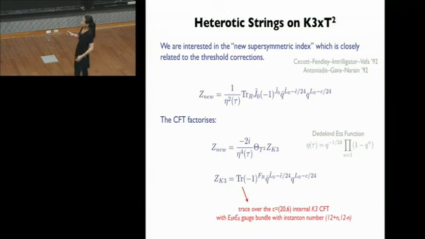Okay, and this factorizes because we have T2 times K3. It doesn't completely factorize. There's some relation, you have to fit the boundary conditions and so on. But nevertheless, the result will be factorized into a theta function of T2, which we don't care so much about, and a factor that comes from K3.